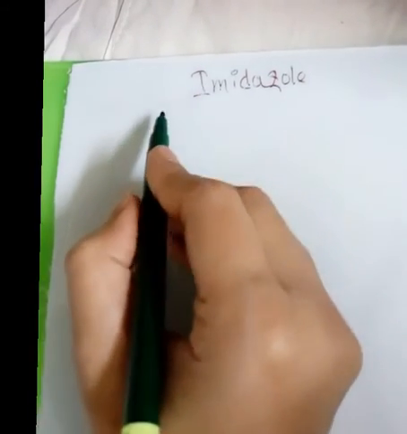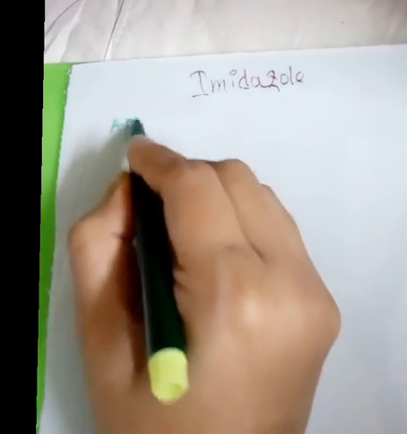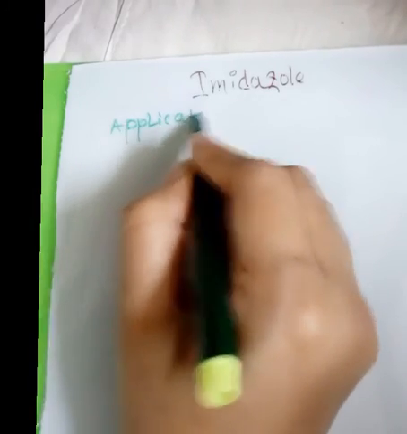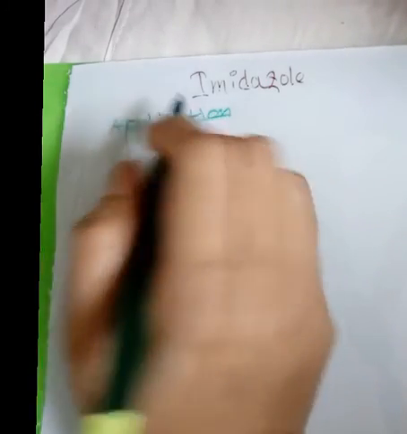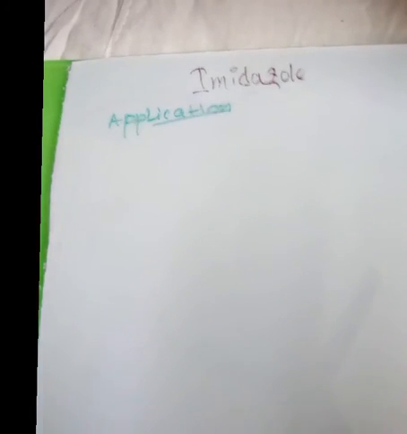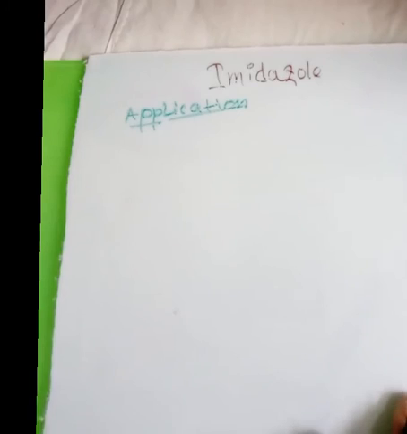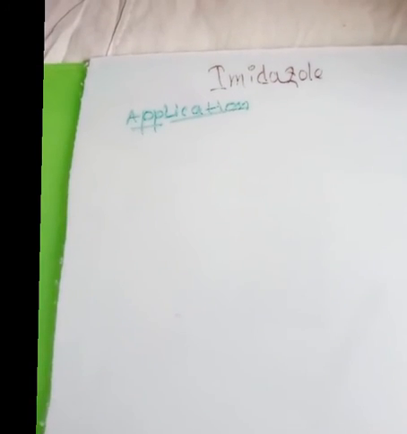Now its application. Peptic ulcers mainly form because of overproduction of gastric acid in the stomach, and that gastric acid is controlled by histamine in our body, and histamine contains that imidazole group.